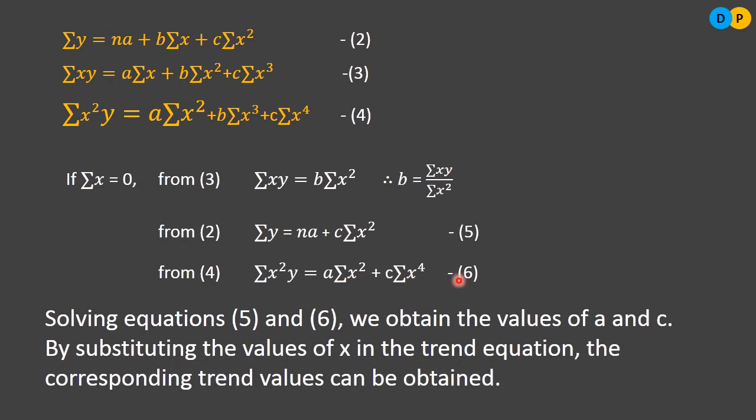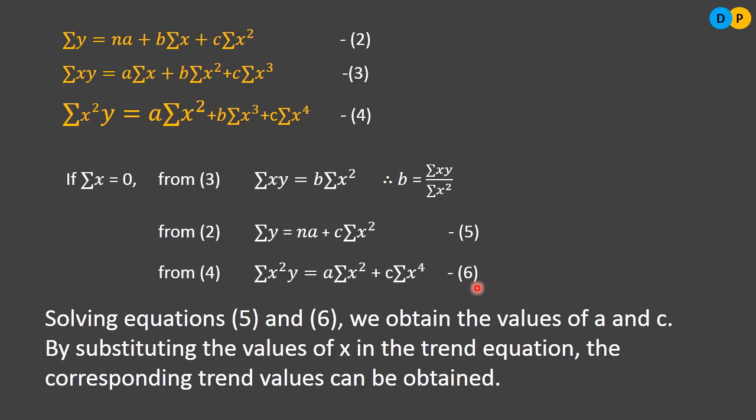Now we have two new equations, equation 5 and equation 6. Still we have not got the values for the constants a and c. So how to get the values for the constants a and c? We need to solve these two equations further. After solving these two equations, we will obtain the values for a and c. Later, we will get a parabolic or quadratic equation.